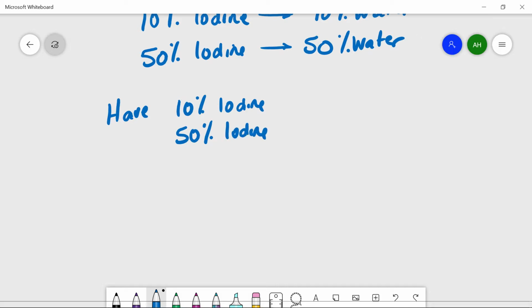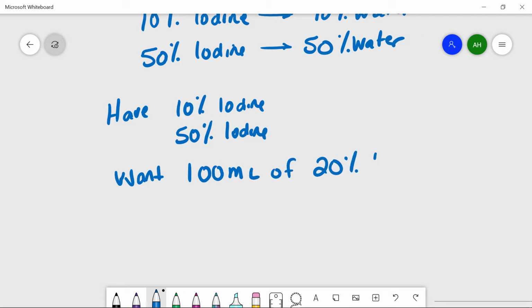All right, and what I want is 100 milliliters of 20% iodine. Okay, so I have 10% iodine, I have 50% iodine, and what I want to have in the end is 100 milliliters of 20% iodine. So I need to figure out what I need to add together in order to get this.